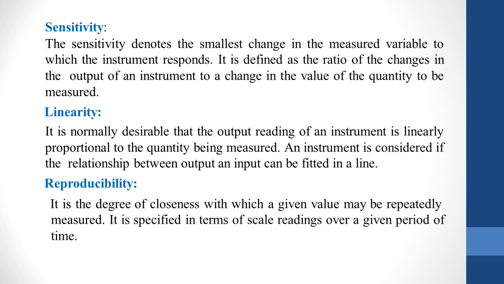The two terms cause confusion. Therefore, a distinction is made between the two terms. Reproducibility is specified in terms of scale readings over a given period of time. On the other hand, repeatability is defined as the variation of scale reading and is random in nature.